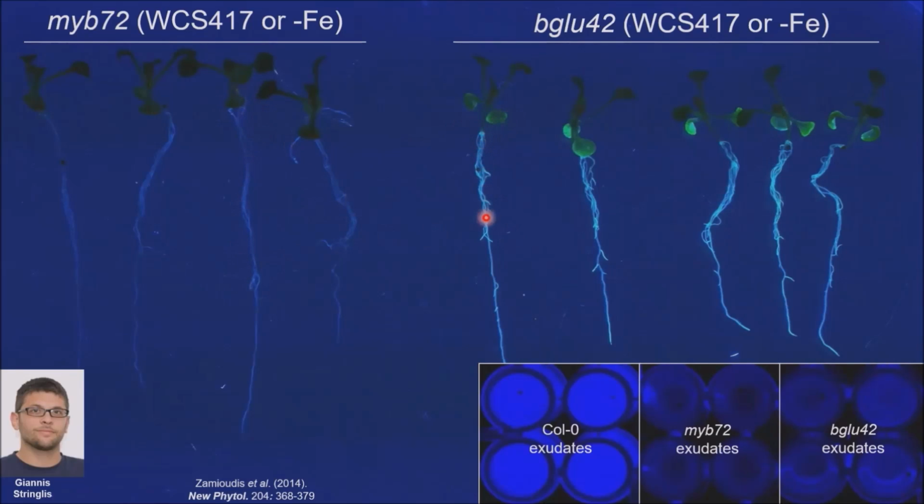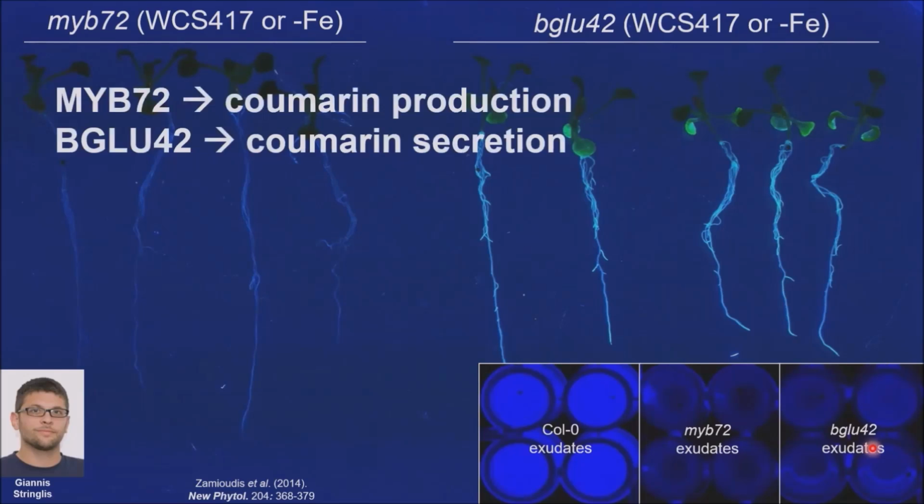In the BGLU42, we still have production of the coumarins. But if you look carefully, they stay inside the roots. Also, if we take out these plants from the growth medium, there are no coumarins left behind in the growth medium, indicating that the coumarins stay inside the roots and they are not secreted in the BGLU42 mutant.